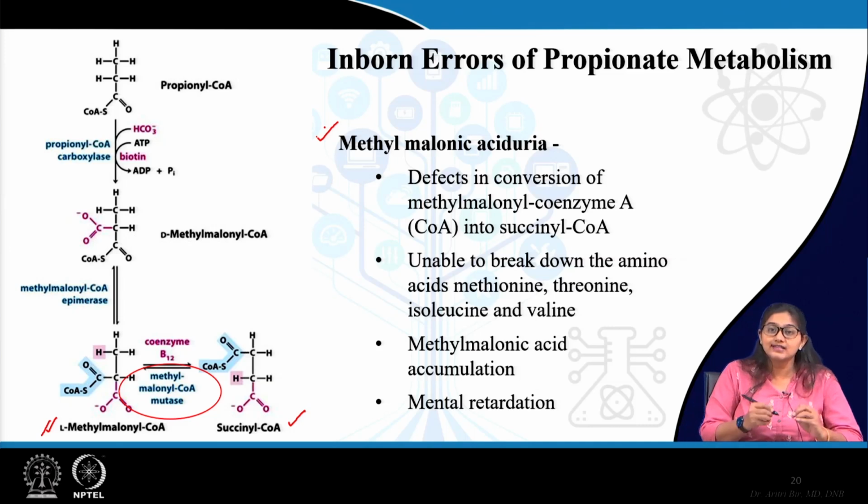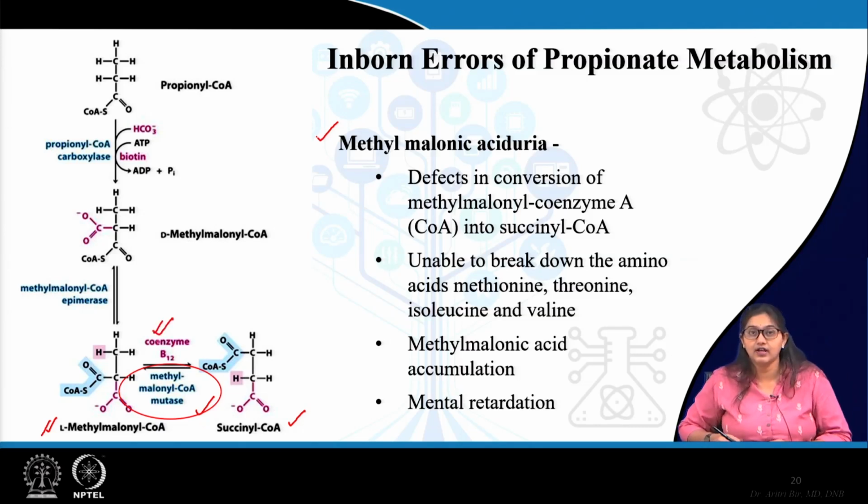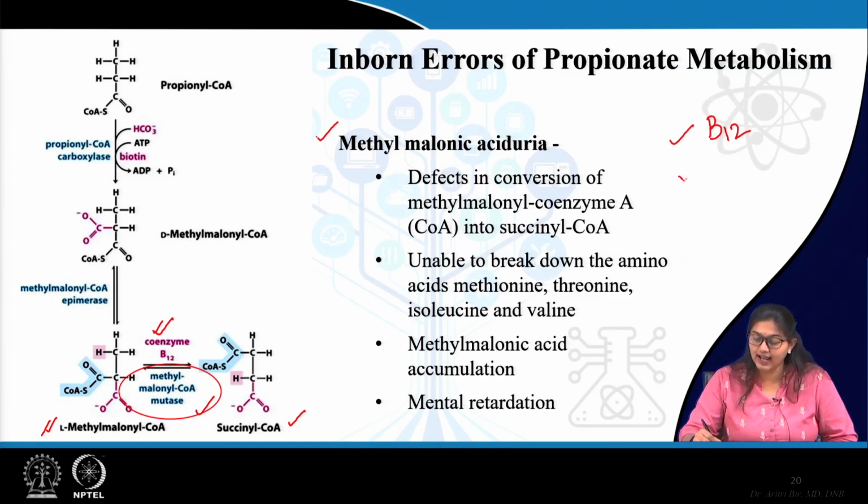Now, where is the deficiency? The deficiency is in the function of mutase. Now, there can be a primary mutase deficiency or can be the cofactor deficiency, that is coenzyme B12. So, manifestation can be due to B12 deficiency or can be due to primary deficiency of the enzyme.